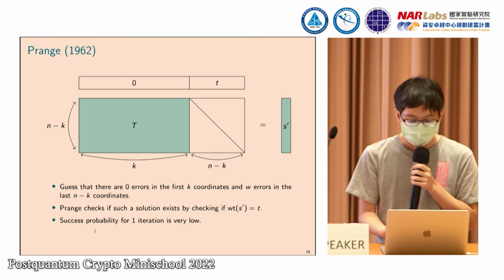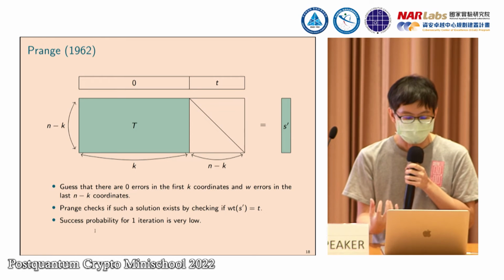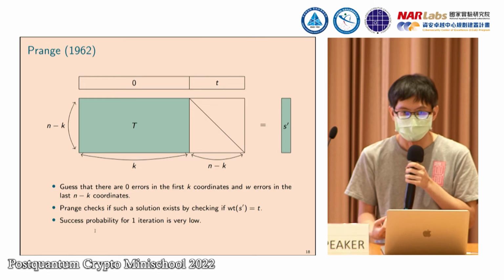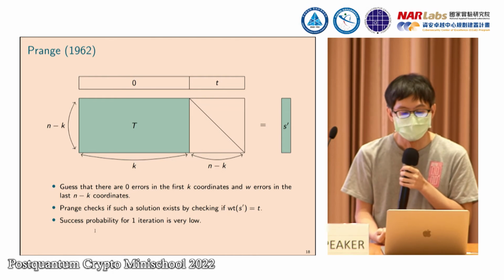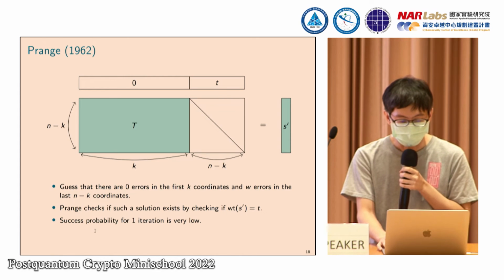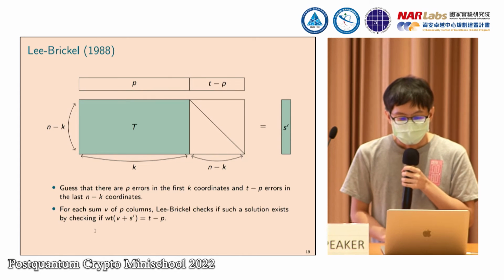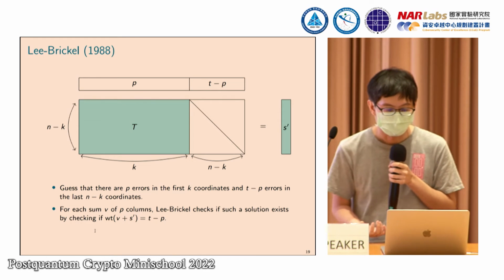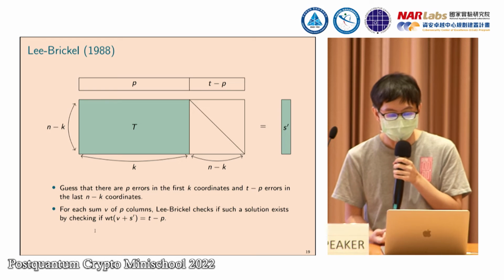As I mentioned, this algorithm is very old and it's not very efficient. The success probability for one iteration is extremely low. You can actually try to compute the exact probability. Because of this, Lee and Brickell tried to improve the algorithm a little bit.